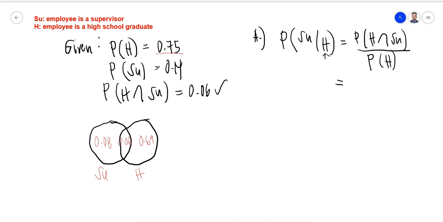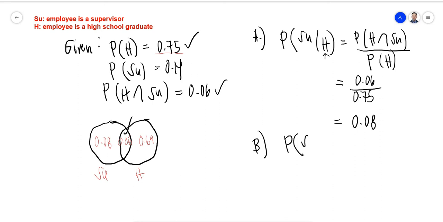So for the numerator, we have 0.06, which is the intersection, divided by the probability of high school graduate, which is 0.75. Therefore, our answer is 0.08.